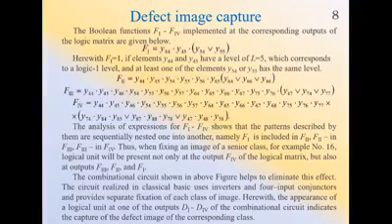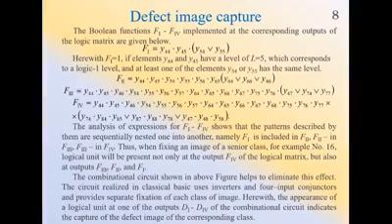The analysis of expressions for f1, f4 shows that the patterns described by them are sequentially nested one into another. Thus, when fixing an image of a senior class, for example, number 16, the logical unit will be present not only at the output f4 of the logical matrix, but also at outputs f3, f2, and f1.